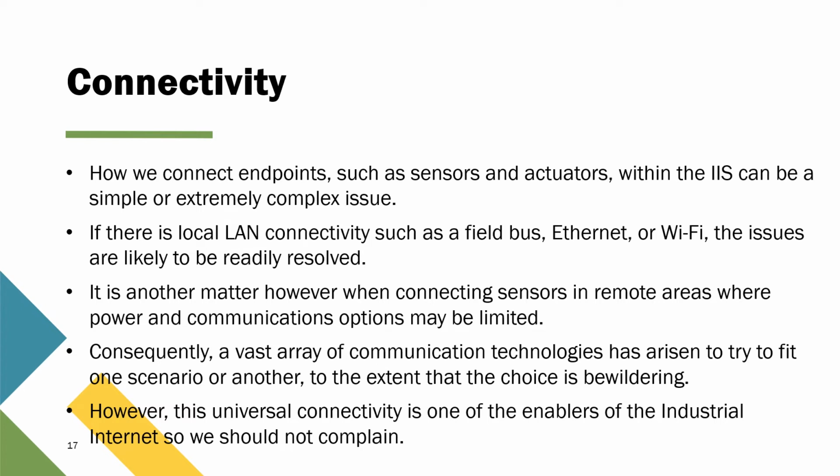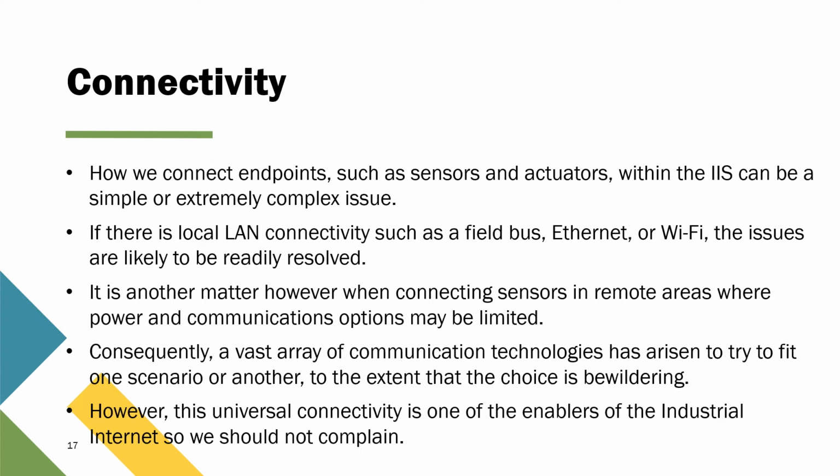However, it will become a problem in connecting sensors in remote areas where the power and communication options may be limited. For example, there is a shortage of power, or the internet connection is not so powerful, so it will become a problem.